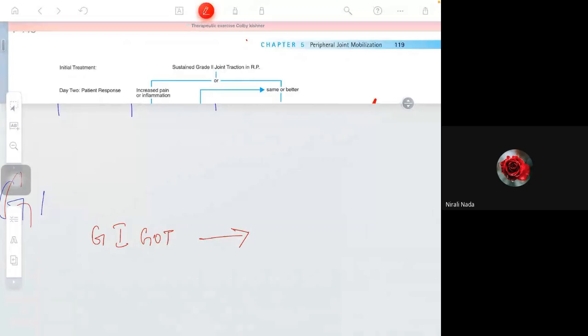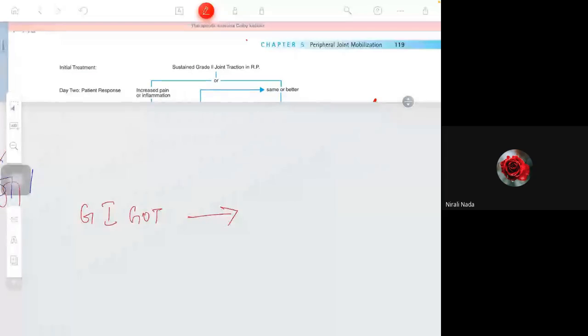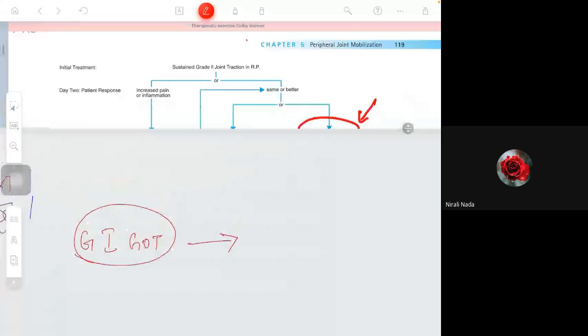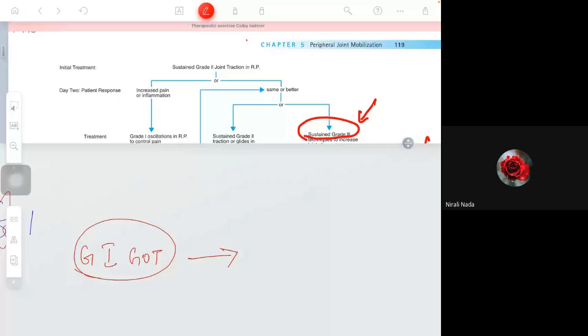Come on. Answer the question. If I want to give graded oscillatory technique grade 1, tell me the direction.